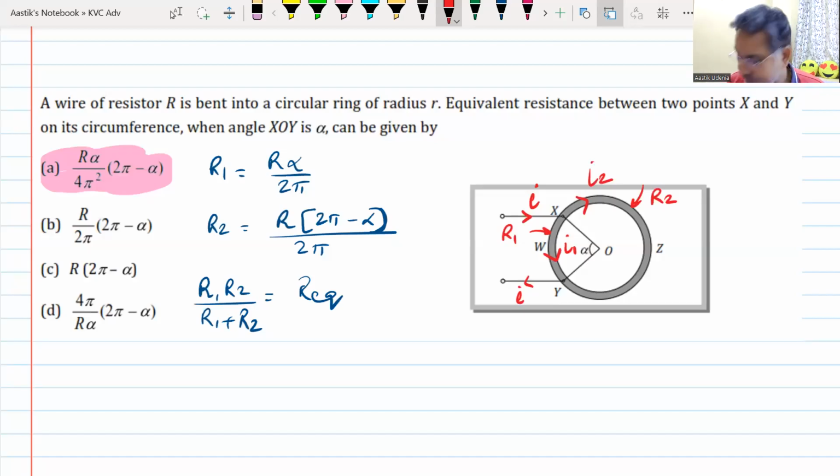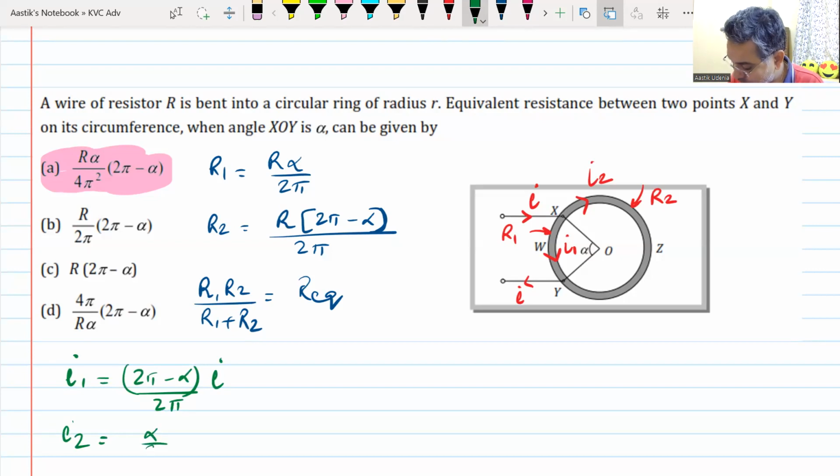I1 is 2 pi minus alpha by 2 pi into I, sir. Very good. And I2 will be alpha by 2 pi into I, sir.